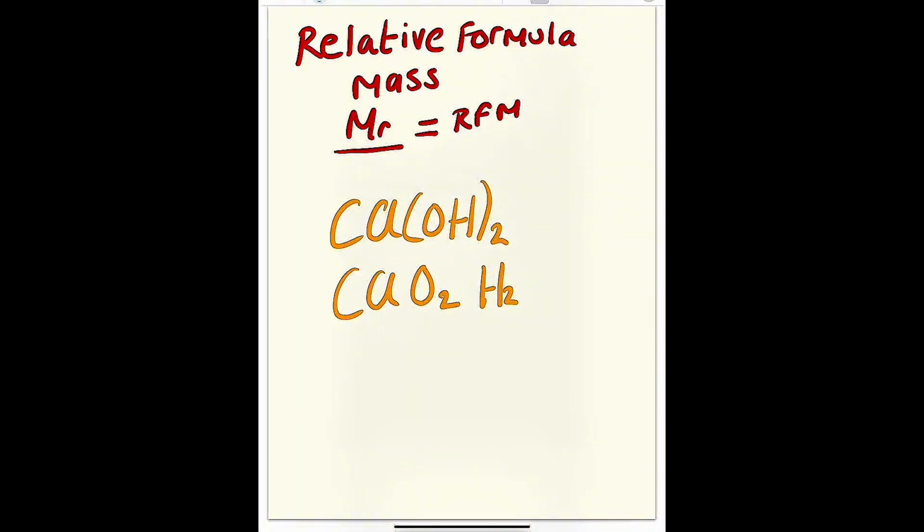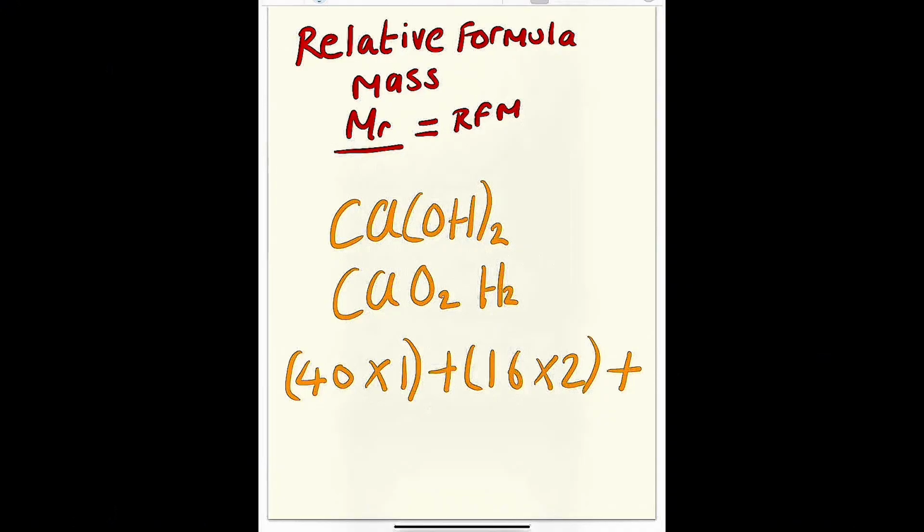So remember, when we have the brackets, we just have to make sure that whatever number is outside the bracket, we times it by the number of elements inside the bracket, and we can see we got 1 hydrogen and 1 oxygen. Okay, so what we're going to do over here: 40 is the relative atomic mass for calcium, multiplied by 1, plus 16, which is the relative atomic mass for oxygen, multiplied by 2.